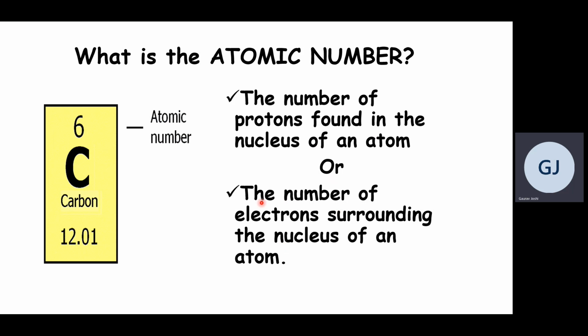If the atom is in native form, the number of electrons and the number of protons will be equal. So the number of protons and the number of electrons give us the atomic number. We can say the number of protons is equal to the number of electrons, which is equal to the atomic number. So this is the thing.